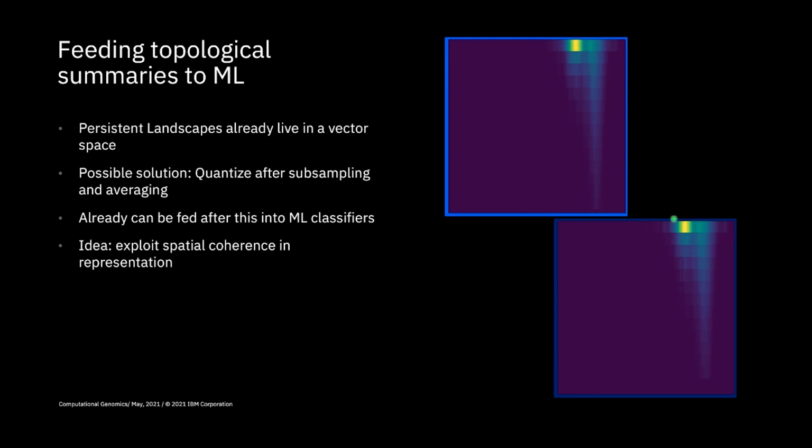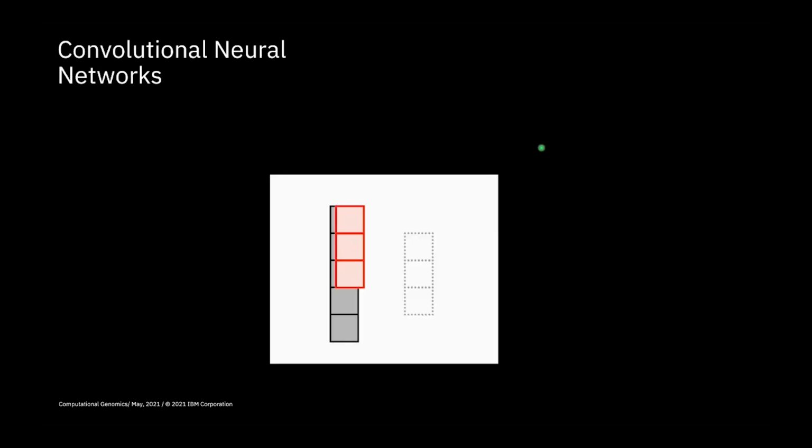This looks like an image, and this one looks like an image as well, so maybe we can put them together, like a single image with two different channels, because we were working with zeroth and first degree homology. So that's what we did. We started working with convolutional neural networks. Maybe some of you are familiar with them.